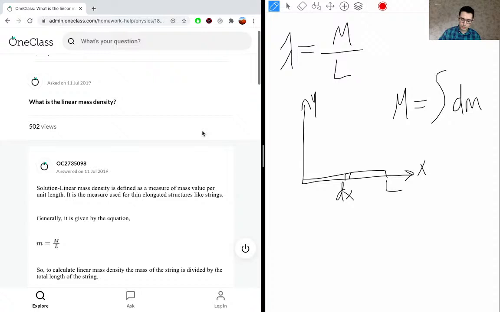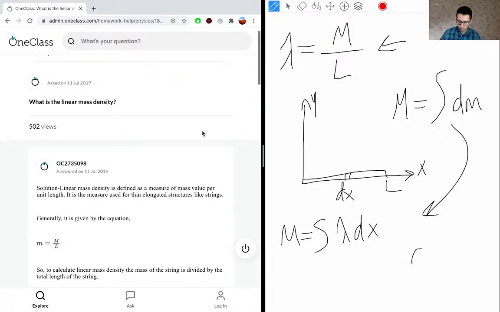And dm here, using this formula up here, we can say that dm is equal to lambda dx, because we know dm over dx is equal to lambda. So we just rearrange using this equation above, and then we can use this to evaluate the integral if we were given this type of question.